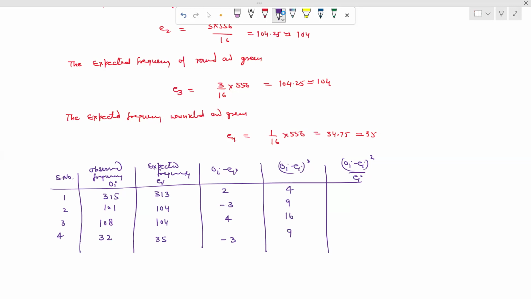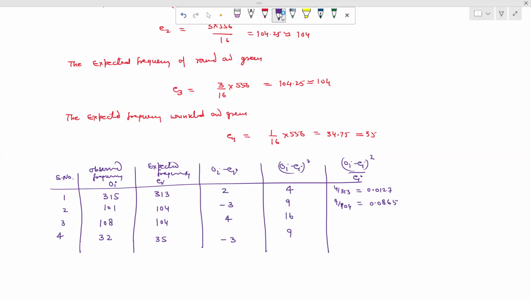Now we do OI minus EI to the whole square upon EI. So 4 upon 313 gives us 0.0127. 9 upon 104 is 0.0865.